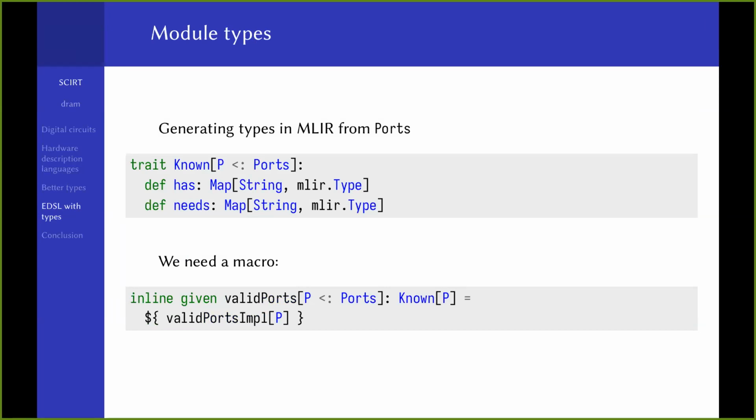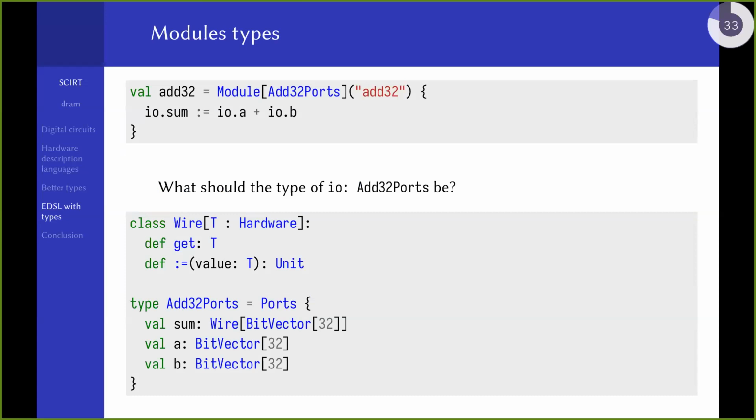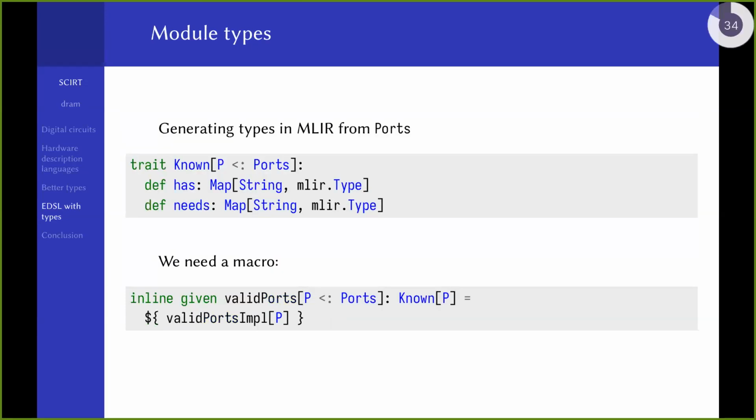Now we can create a sort of representation of this port type. Each of these refined structural types of ports is a subtype of Ports. So we can create a trait for each of them, and we can say what types it has. I'm trying to deal with a bit of symmetry here.